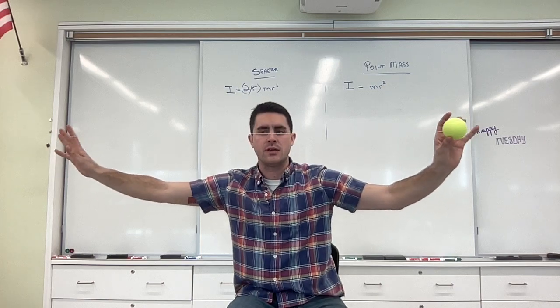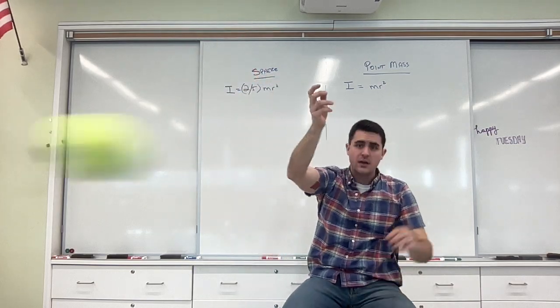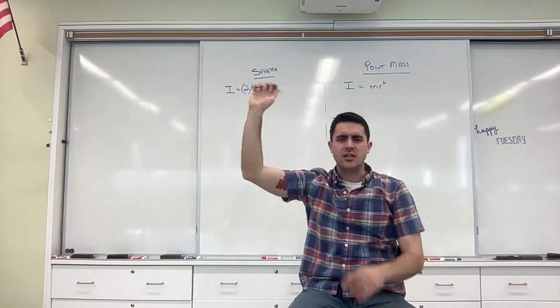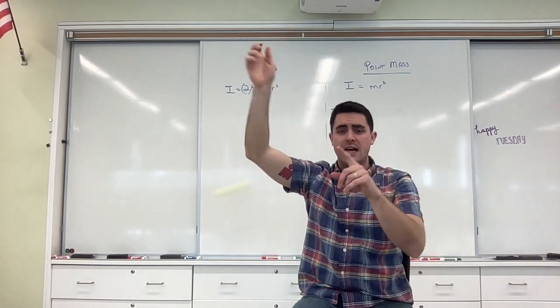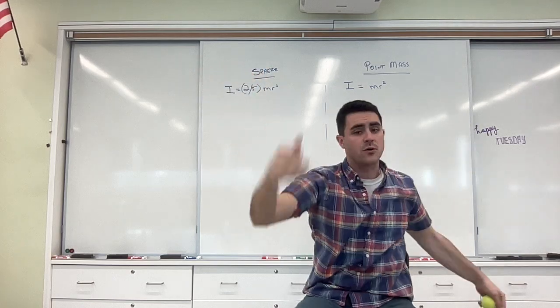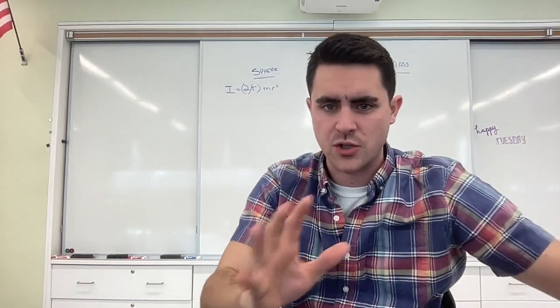So as I swing this thing around in a circle, its radius is now from the mass to my finger. Those are two very different radii, and when I have two different radii, I have two different rotational motions.